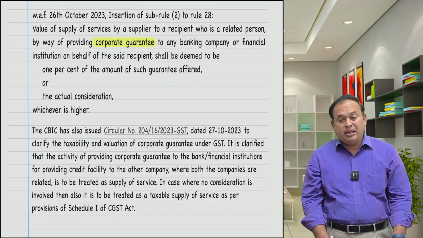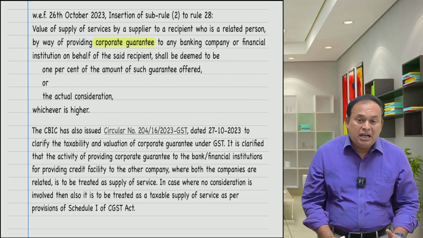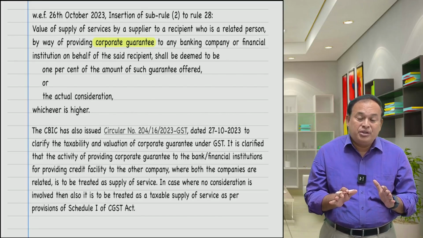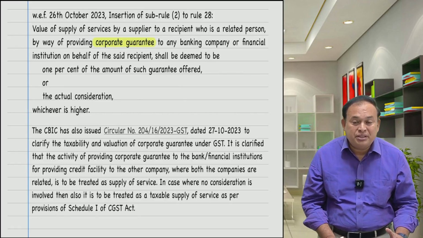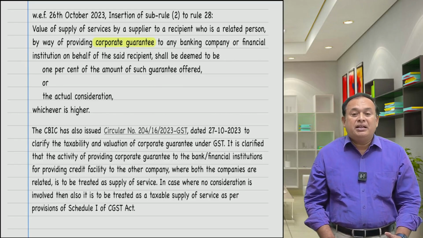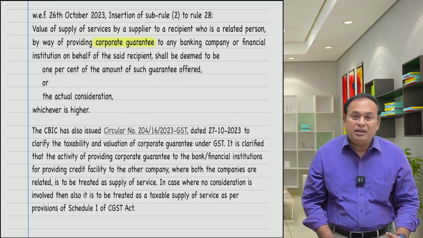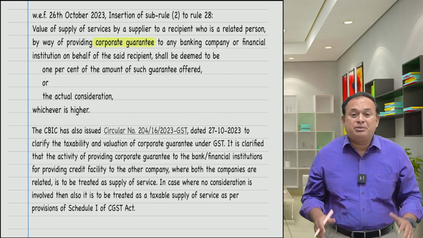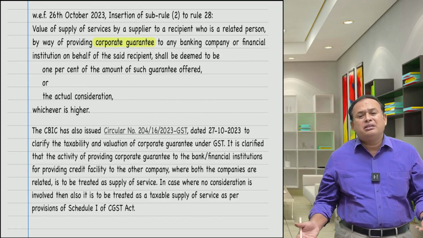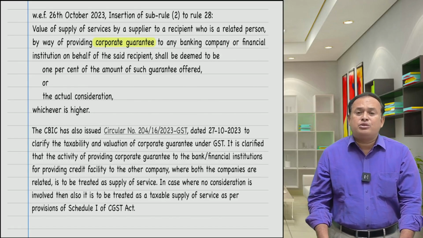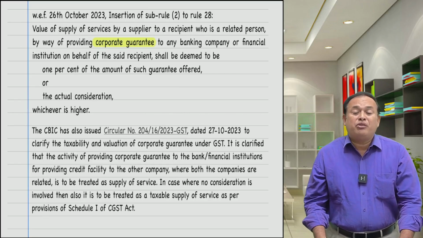Resultantly, since there is no consideration and consideration is restricted as per the statutory provision, such guarantees provided on a personal capacity basis by a director to the corporate company are not going to be taxed at all, because there is no consideration, and consideration should not be paid. If paid, it is a violation of the provision.